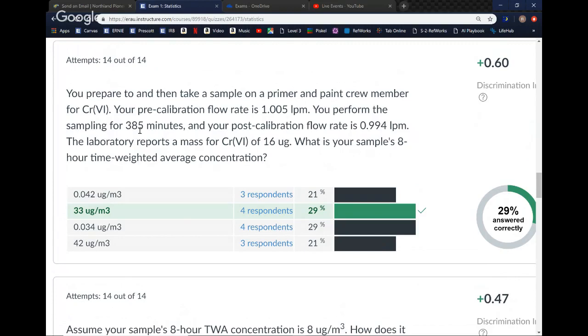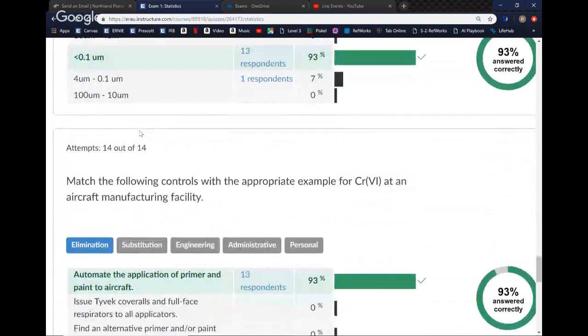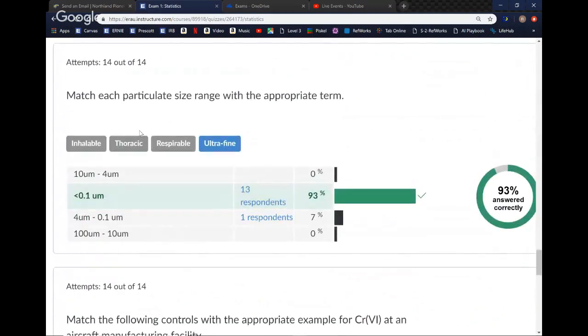So on the dust, if you look on OSHA's site, the respirable dust, the correct answer is different than what you called.